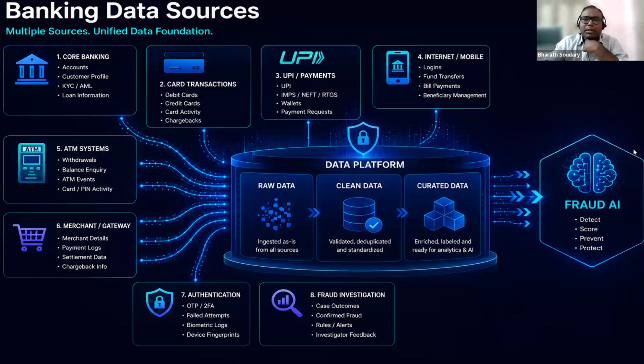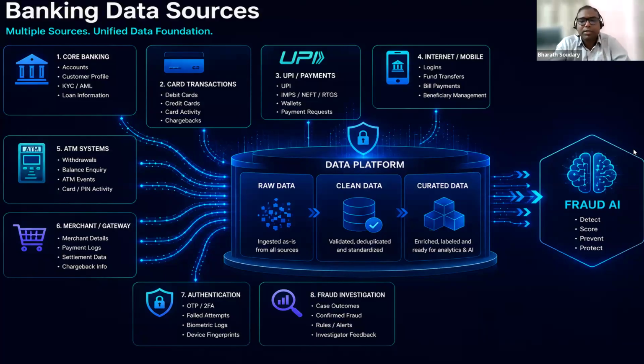When we talk about the fraud AI model, the model analyzes these features, and a fraud risk score is generated. For example, the risk score comes out from the transaction which is made.